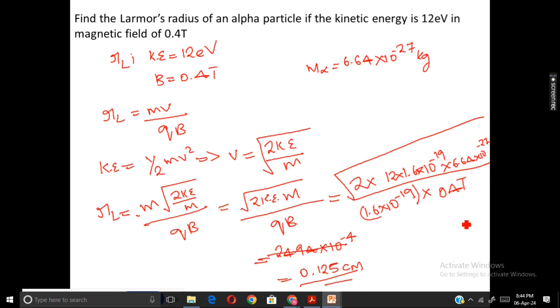2 into 12 into 1.6 into 10 raised to minus 19 into 6.64 into 10 raised to minus 27, divided by 1.6 into 10 raised to minus 19 into 0.4.